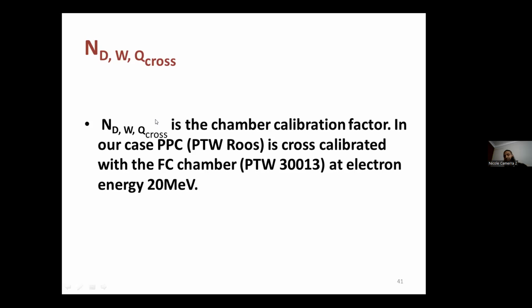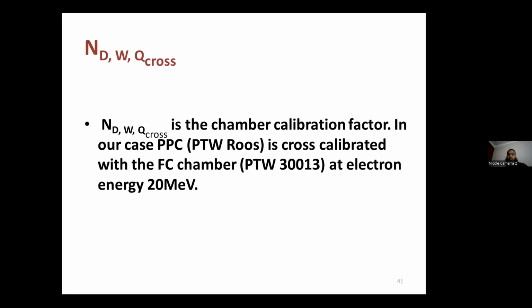Normally, when you calibrate this chamber, you use the highest energy of your machine. It is recommended that the R50 of the energy you use for the cross-calibration of the Farmer chamber to the plane parallel chamber should be more than a certain value.